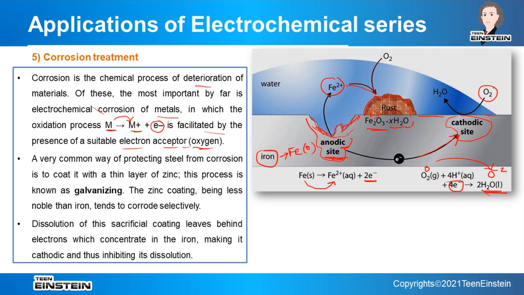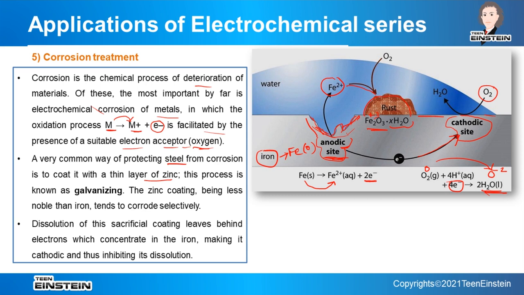So a very common way by which we can prevent this corrosion, that is, protecting steel, which is nothing but iron, from corrosion, is to coat it with a thin layer of zinc. Now why have we chosen zinc? Because zinc is more electropositive than iron.